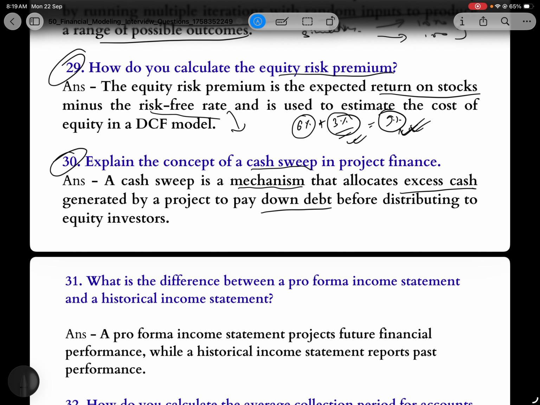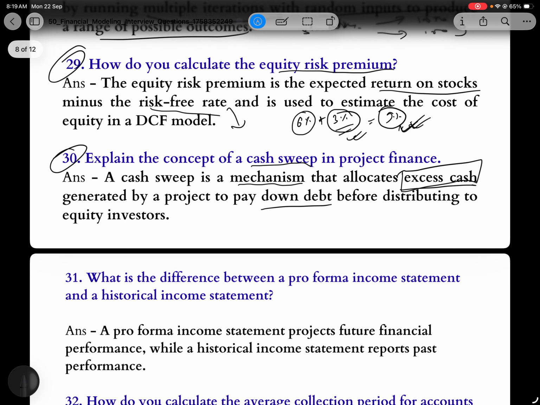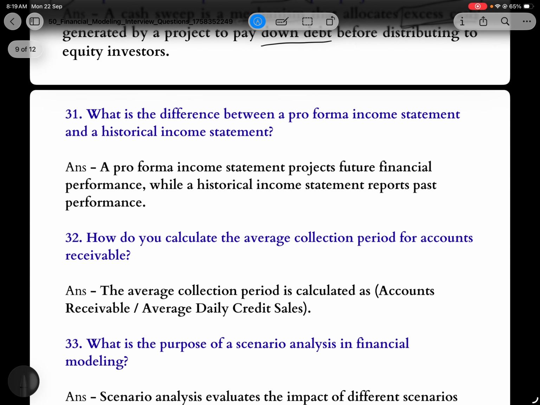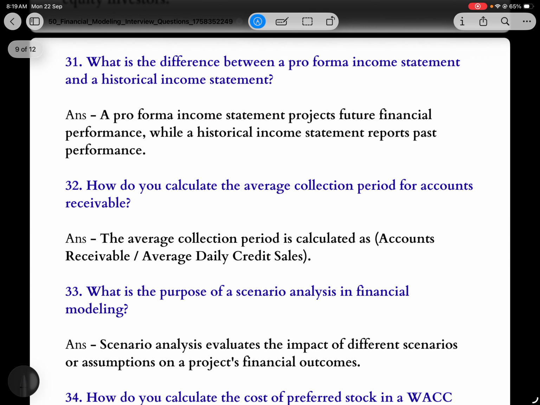Basically we want to reduce our debt exposure first. It's not the whole thing; whatever excess cash is there, some proportion of it goes towards debt. It just depends what kind of mechanism we are using.